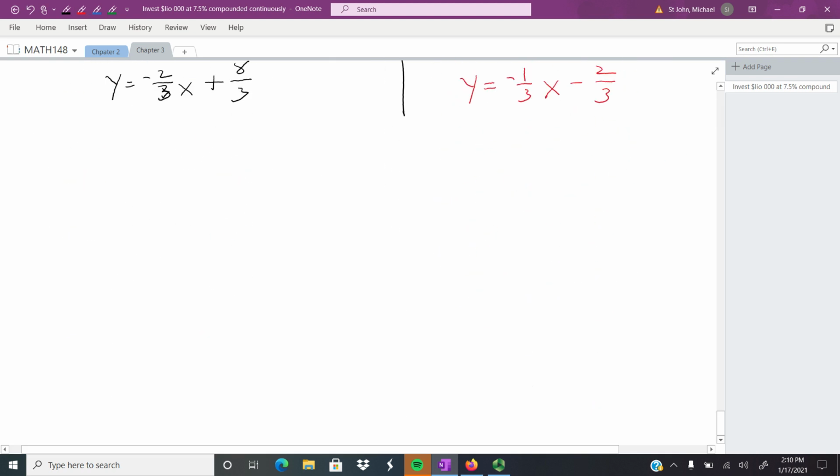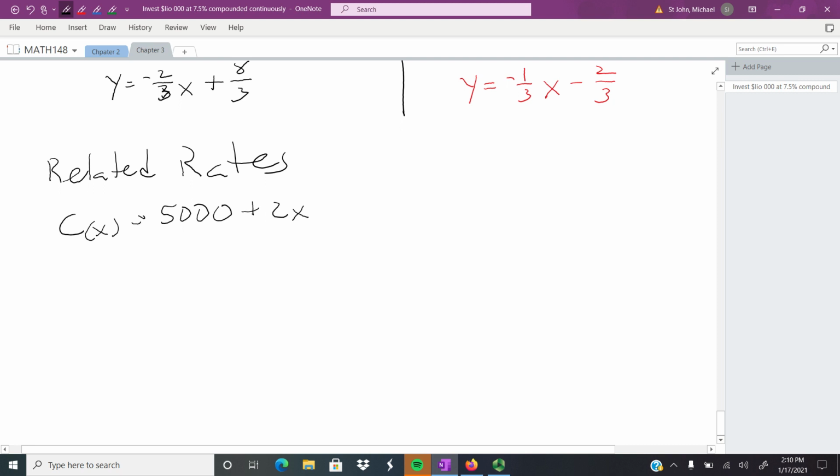All right. And the next type of questions you'll see are what they call related rates. So let's look at an example of how this works. Let's say the cost function is 5,000 plus 2x. My revenue function is 10x minus 0.001x squared.